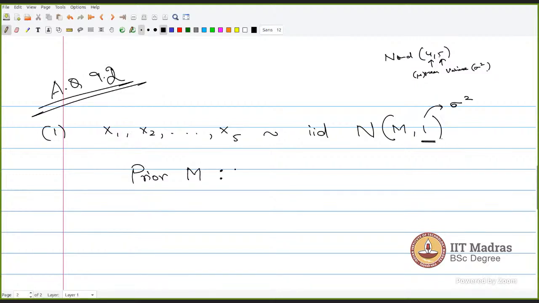In the week 5 lectures, the professor corrected it as sigma instead of sigma square.